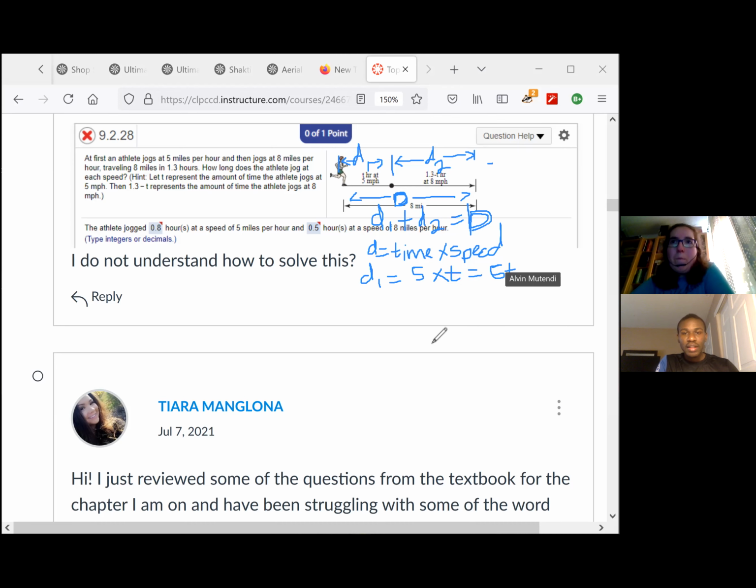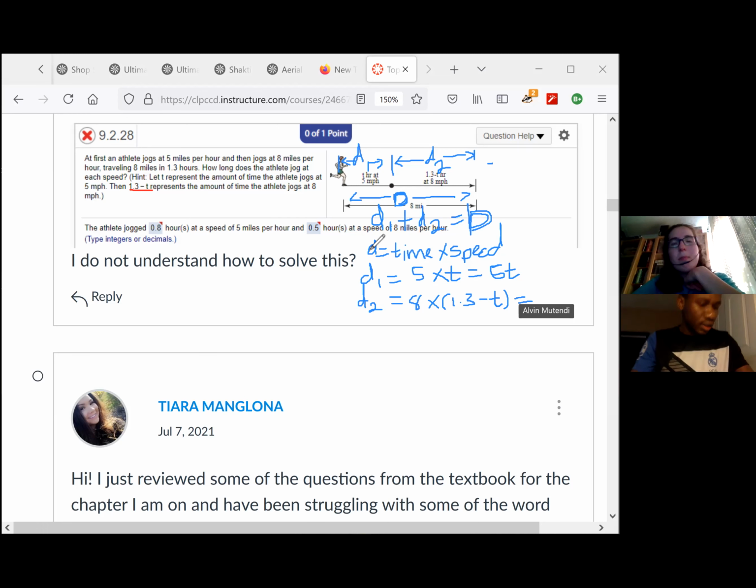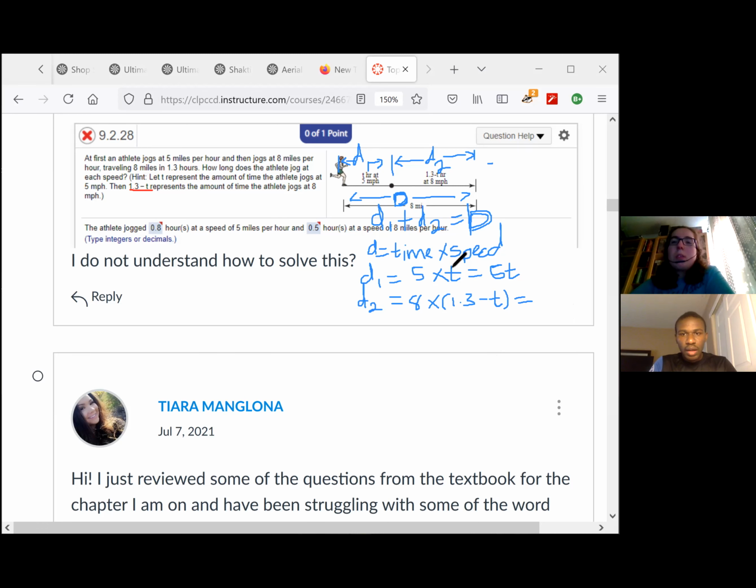Then D2, using the same idea, what do we have for this one? We have 8 mph, that's the speed, times the time. How much time do we take? That's 1.3 minus T. If we simplify this, what is 8 times 1.3? 10.4, yes.